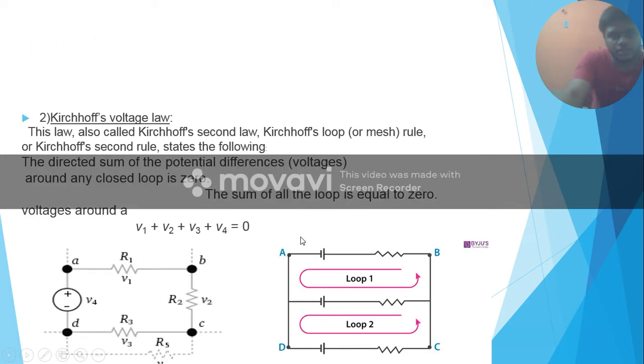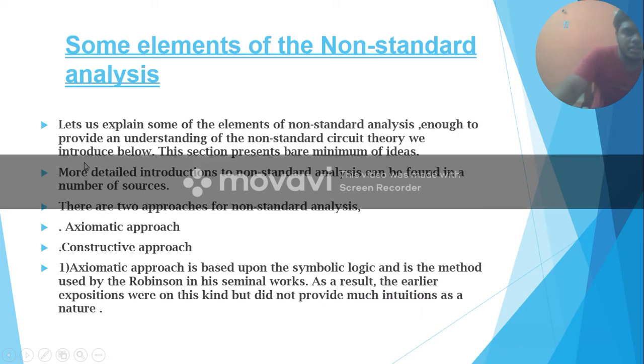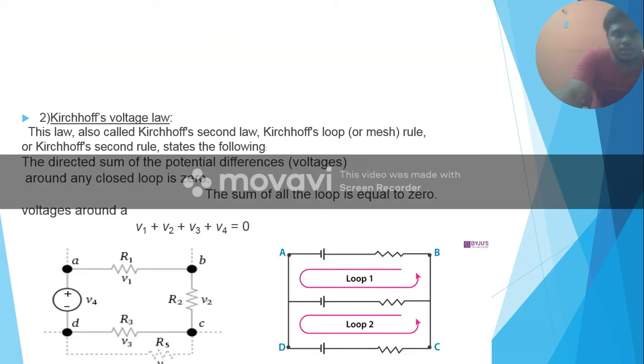Similarly, Kirchhoff's voltage law is also called the mesh rule or the voltage law. It states that the sum of the potential differences around any closed loop is equal to 0, that is, V1 plus V2 plus V3 plus V4 equals 0, as you can see in this diagram.